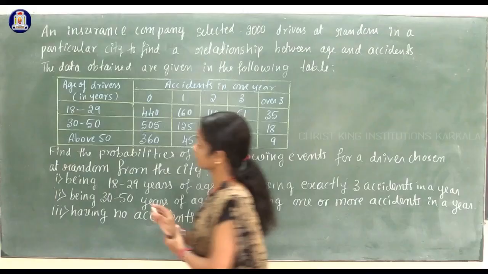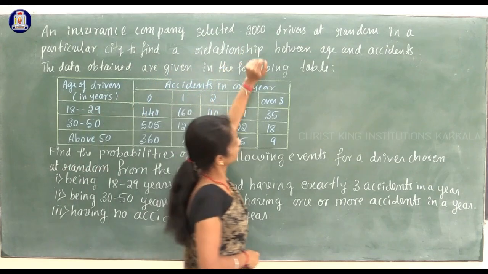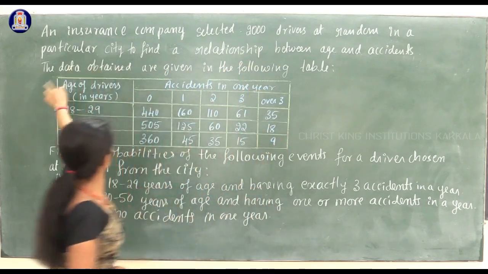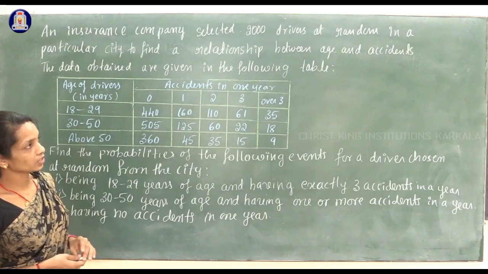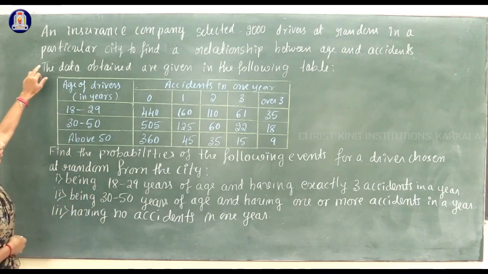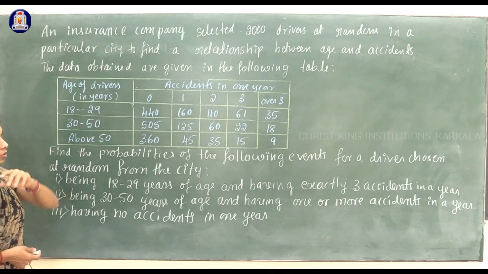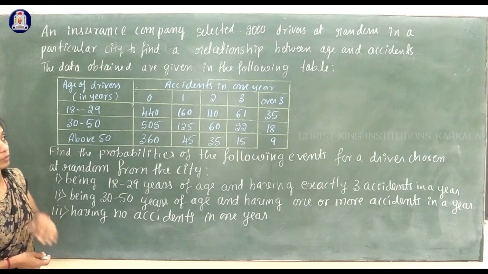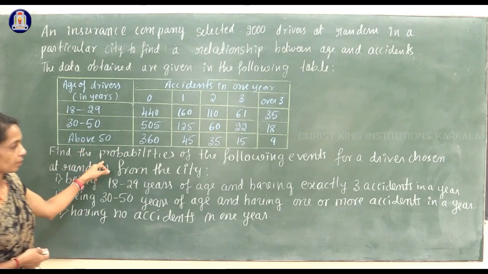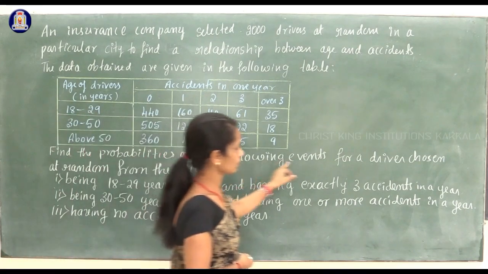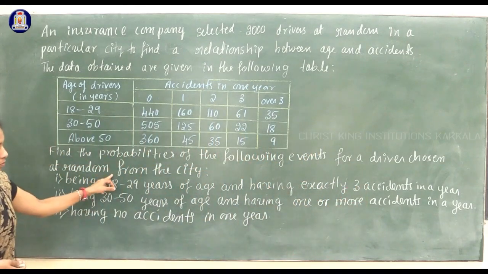Next, an insurance company selected 2000 drivers at random in a particular city to find a relationship between age and accidents. The data obtained are given in the following table, which shows the relationship between age and accidents. Find the probabilities of the following events for a driver chosen at random from the city.